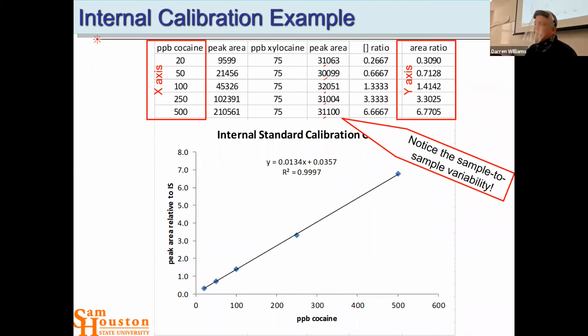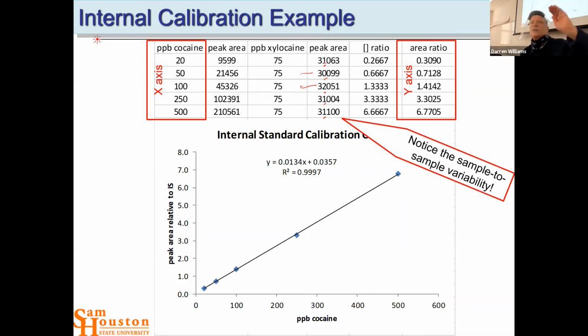Now, I don't know if this was using an auto injector. Probably was, because I think even hand injection would have varied quite a bit. And you can have this internal standard be all over the place, but because we take a ratio signal, when you have a really strong injection like here, then that signal is going to be reduced a little bit. When you have a weak injection, you're dividing by a smaller number, and so it's going to boost the area counts up a little bit.